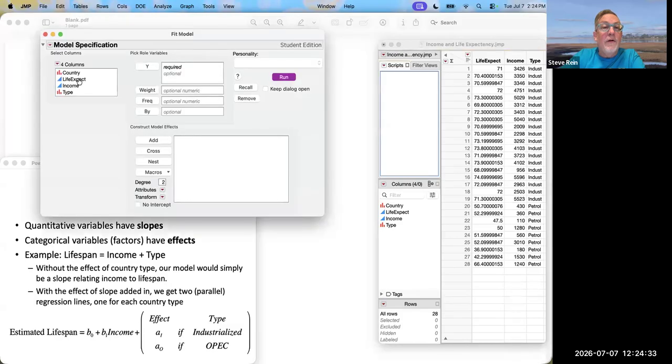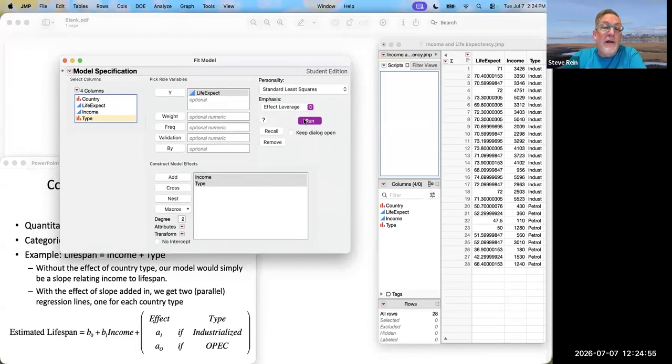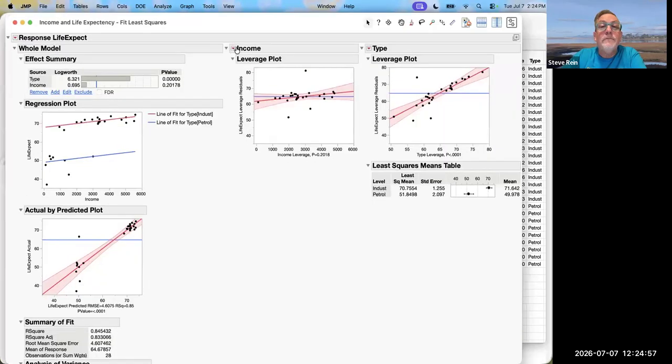What we did earlier is we said life expectancy depends on the slopey thing, income, fit a regression line. We thought income was important. Later, income maybe wasn't important, but I'm just going to say let's put in income first and then country type. And you learned last time if you have adjusted sums of squares, it doesn't matter which of the two you put in first. I click run.